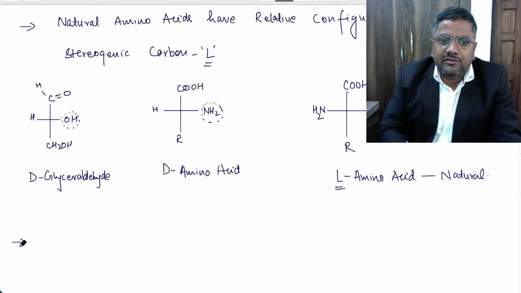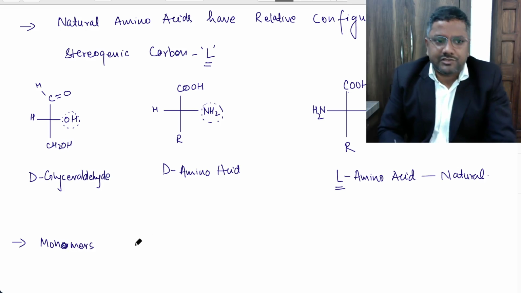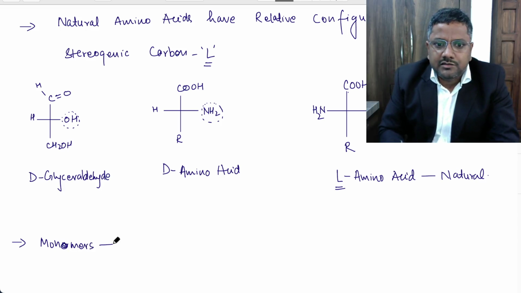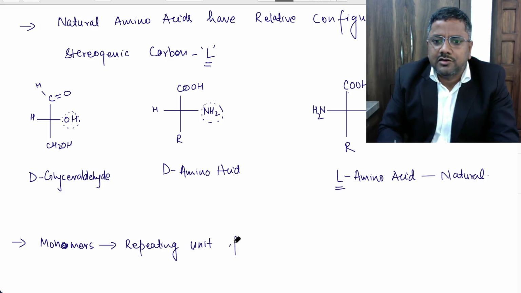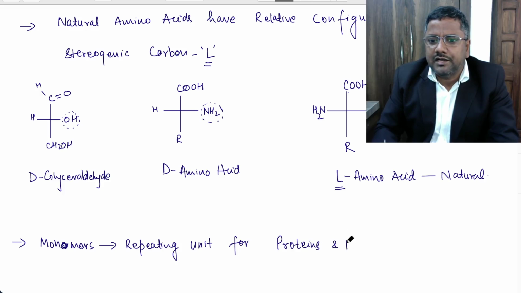And one more important property regarding this. See, alpha amino acids are the monomers. Monomers means repeating units for proteins and polypeptides, right?